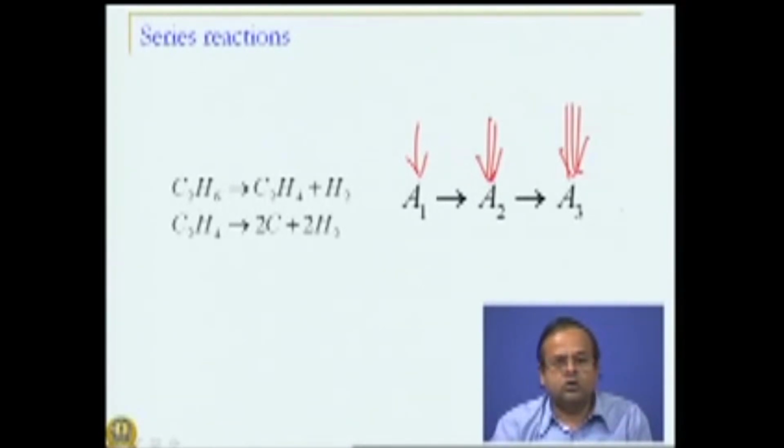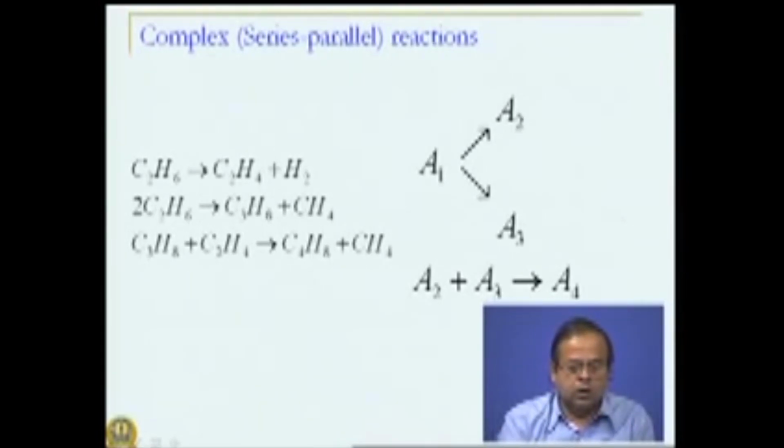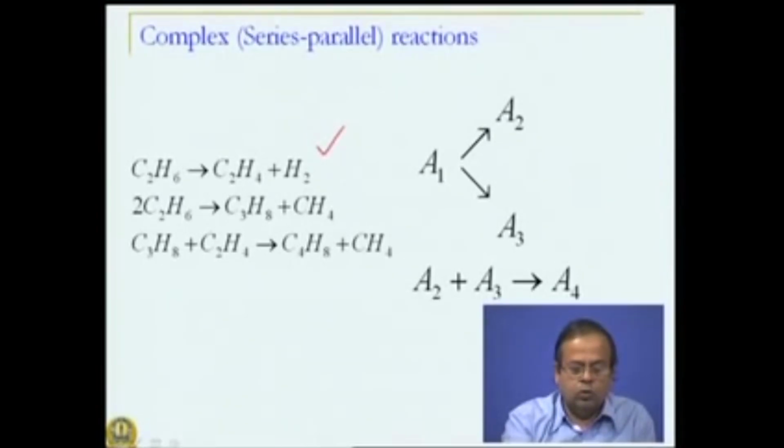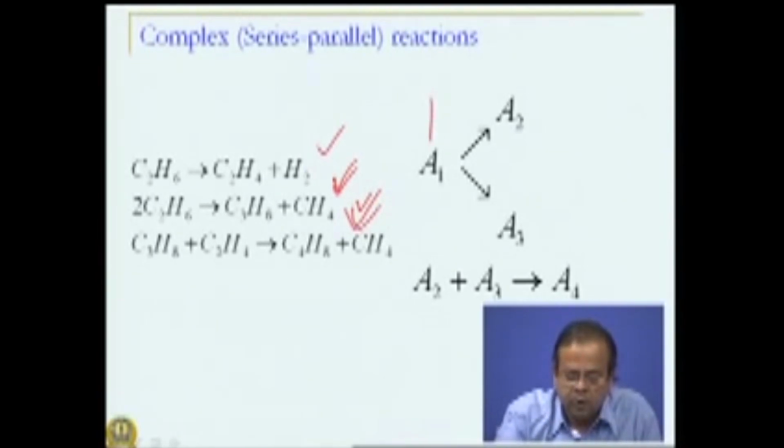And then of course, we could have a complex reaction network or series-parallel reactions: ethane going to ethylene, ethane going to propane, or propane and ethylene giving rise to butylene and methane, yet another reaction.